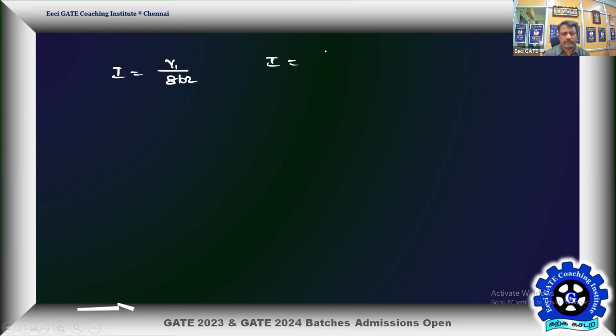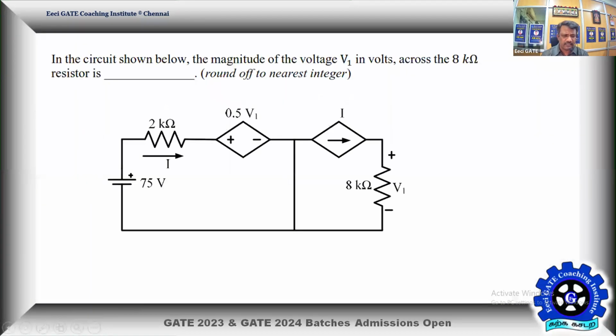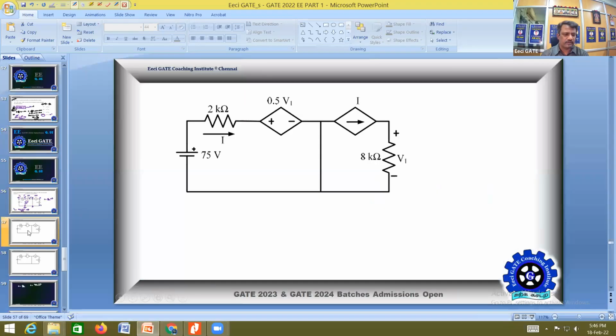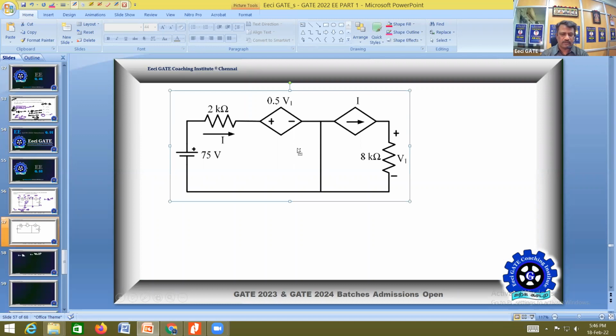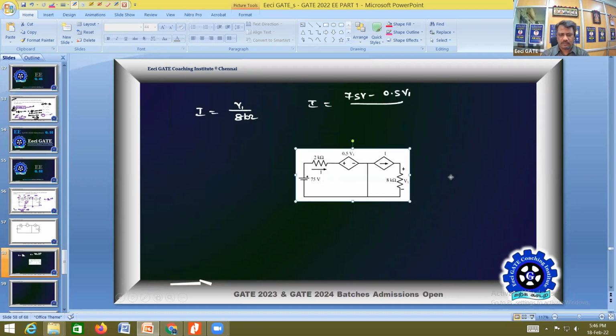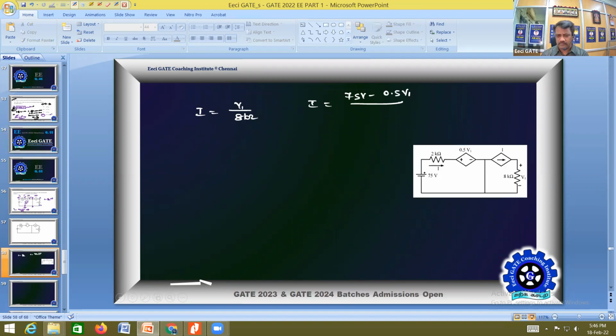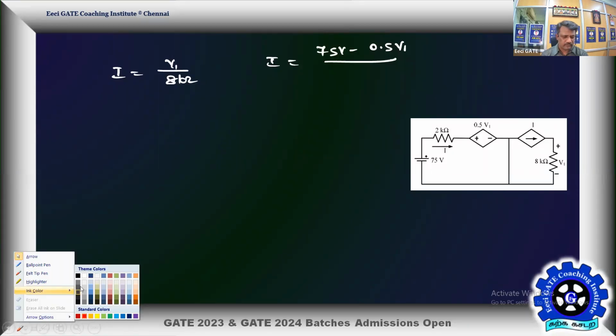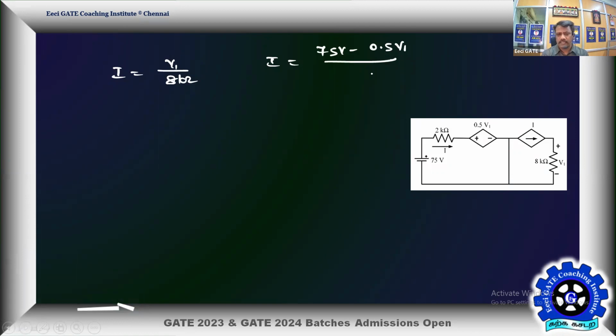Another equation is I is equal to 75 volt minus 0.5 times V1 divided by 2 kilo ohm.